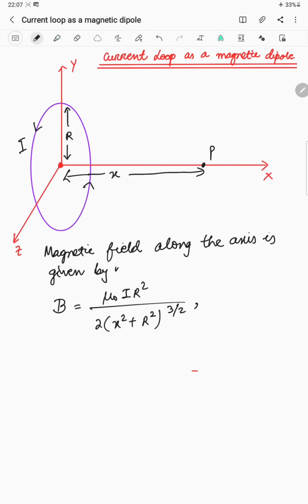Its direction will be along the axis of the coil. That means B vector will be along this direction, along the axis of the coil.